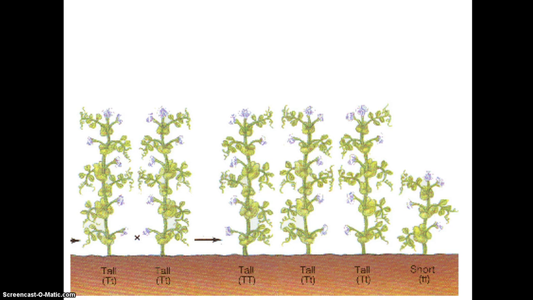So the blending theory was completely wrong. But the second thing is that shortness characteristic disappeared in the plants to the left, even though they had a short parent. But then it reappeared in the grandkids. And if you look at the picture to the right, that's what happened. He had 3 tall ones for every 1 short one, which was strange. He did not expect for that to happen.